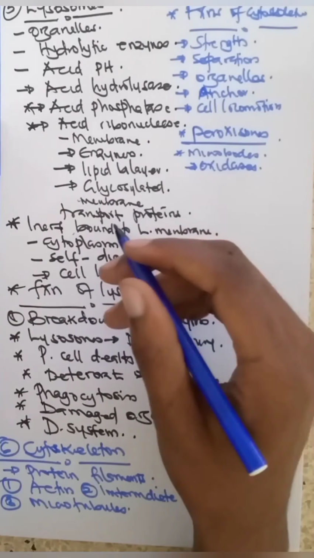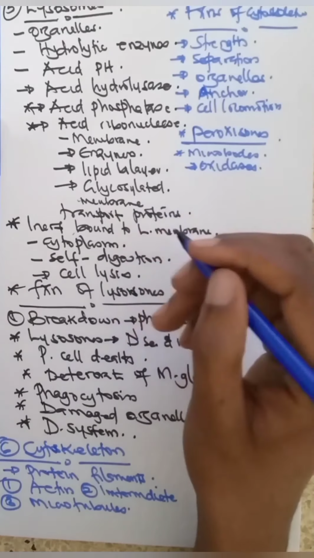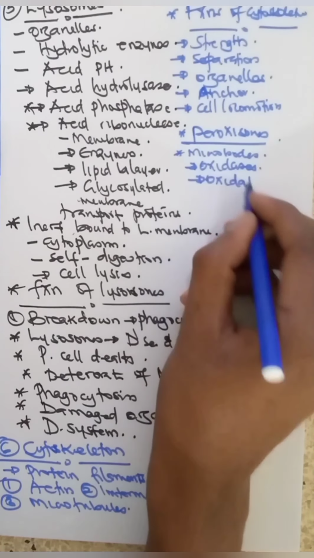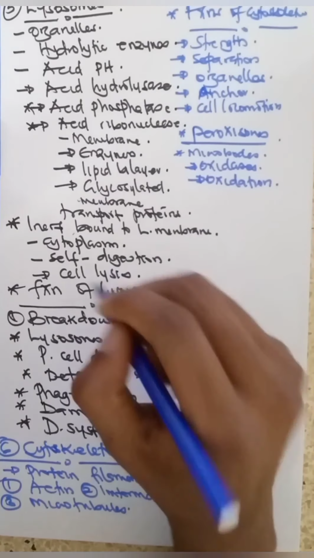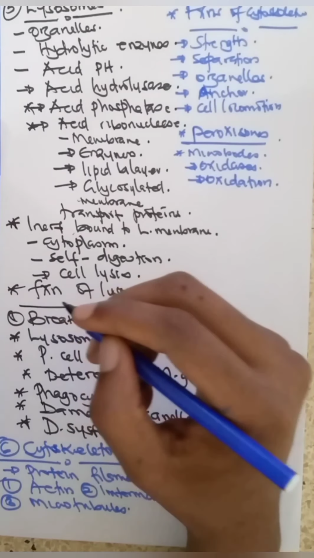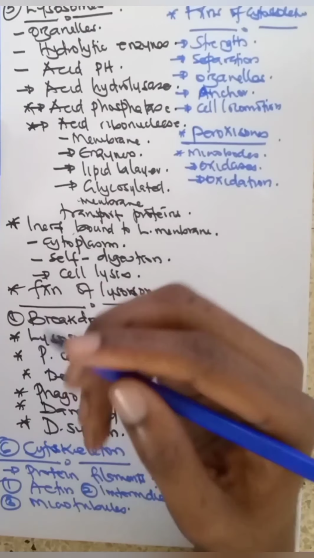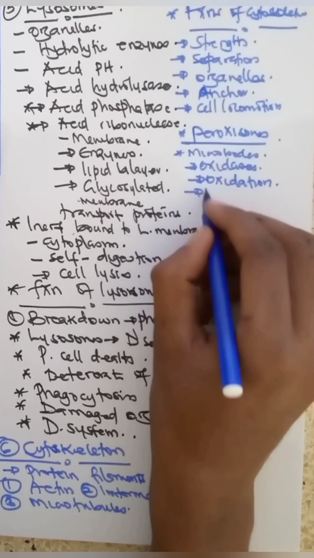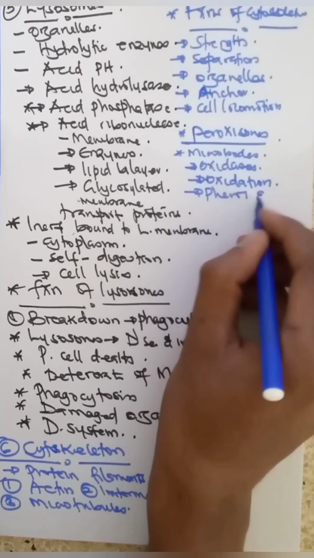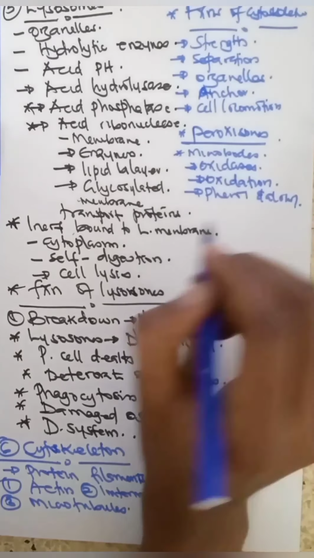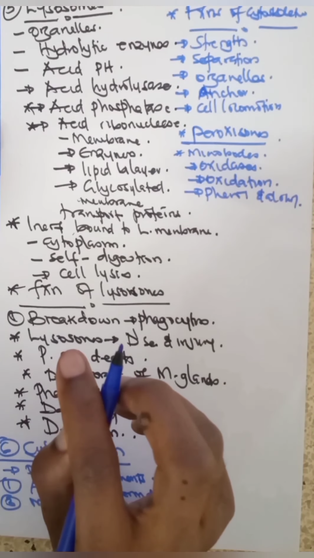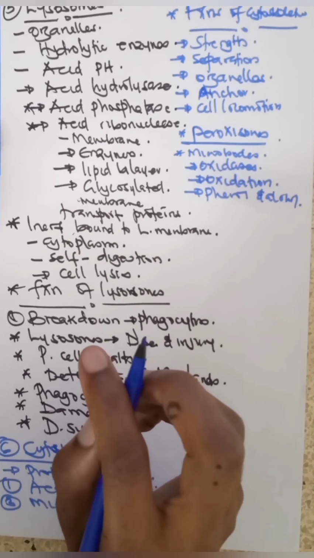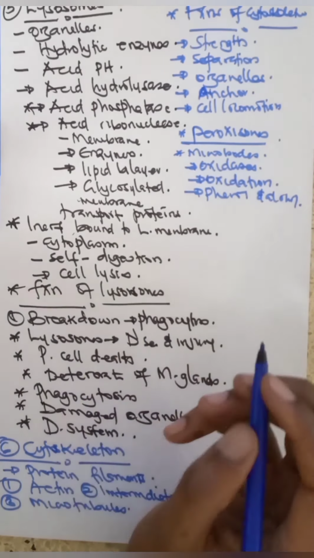They play a key role in oxidation and in getting rid of potentially toxic metabolites such as phenol and alcohol. You will find that peroxisomes are abundant in the liver and kidney, where major detoxification occurs.